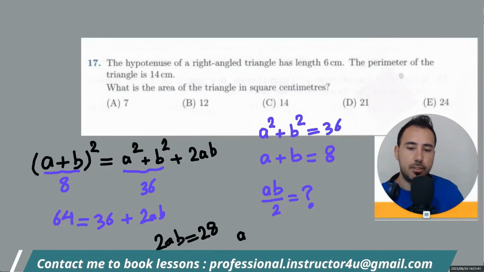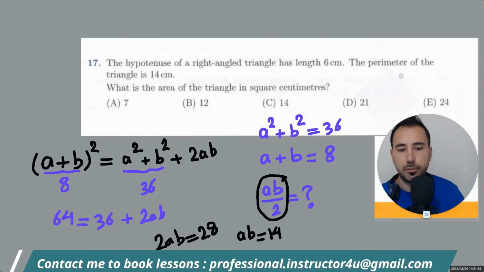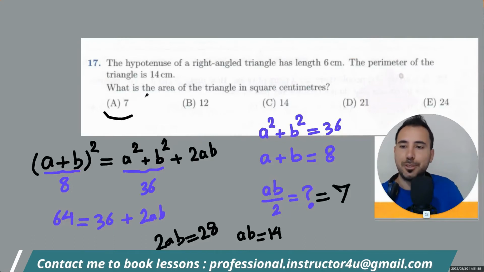So AB is equal to 14. Now we want the area, which is AB over 2, which will be 7, which is going to be option A.